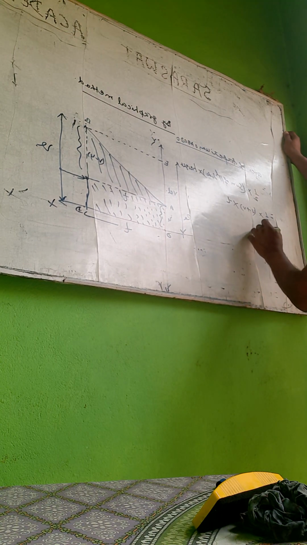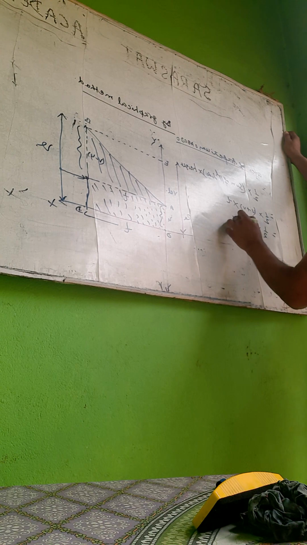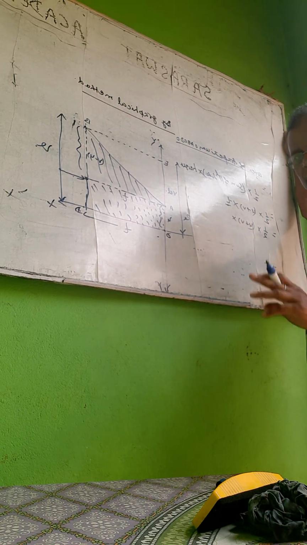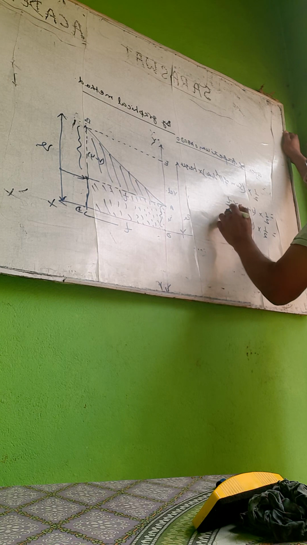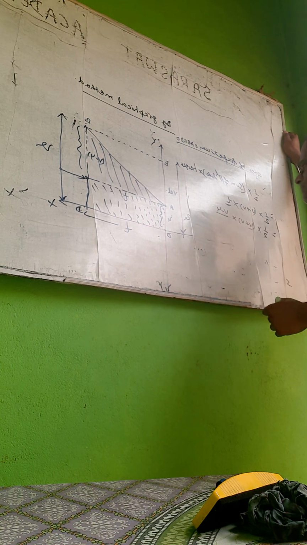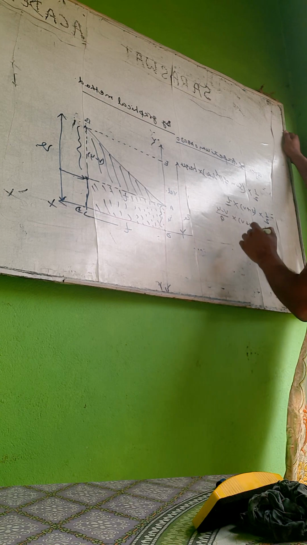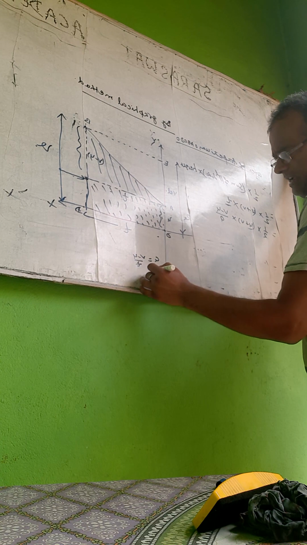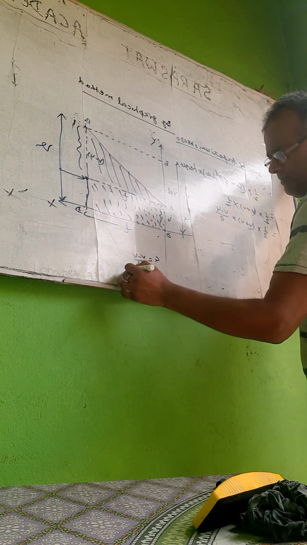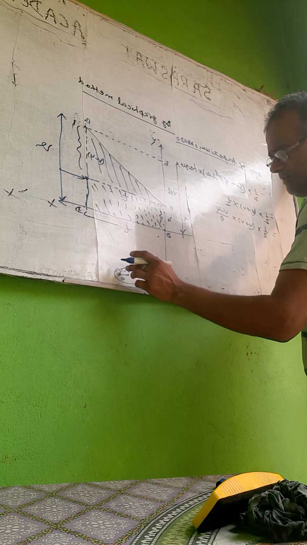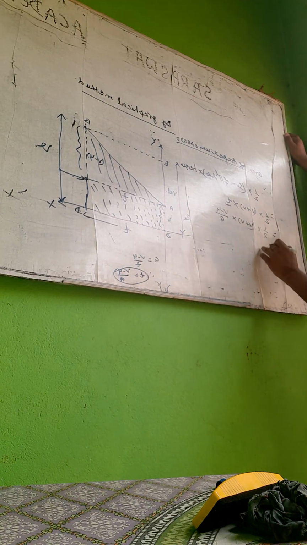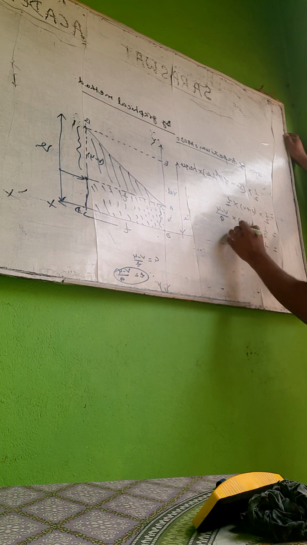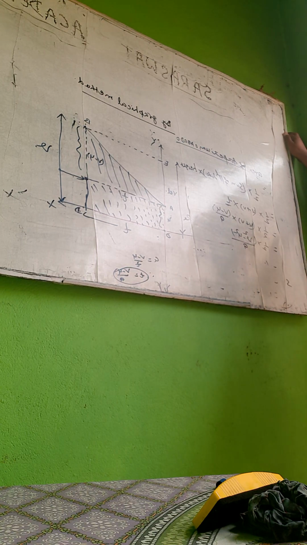Now half into u plus v, and now putting the value of t from the first equation. This value comes from a equal to v minus u by t, and hence t equal to v minus u by a. So now putting the value of this here, equal to half into v minus u, v square minus u square, into 1 by a.